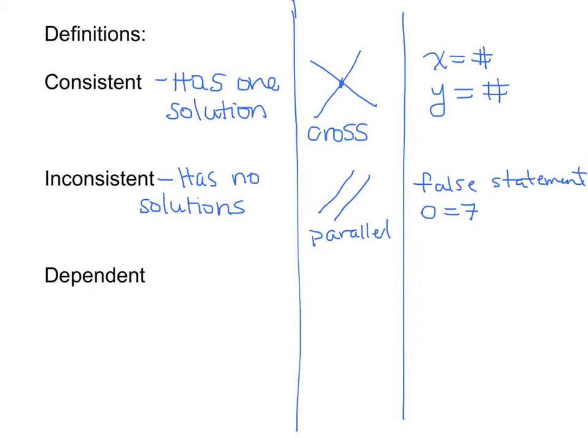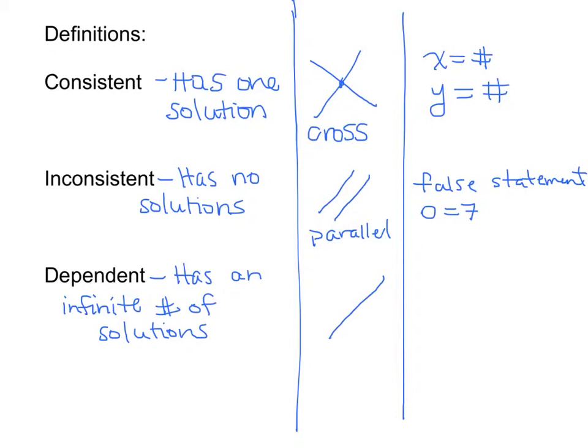The third and final type of system you could have is one with an infinite number of solutions. That's called dependent. When you go to graph this system, it turns out you'll only see one line.